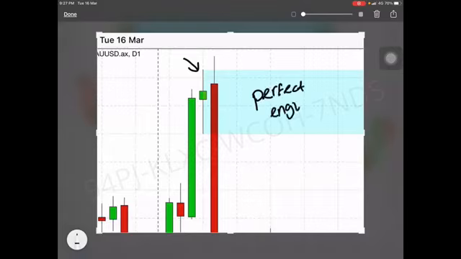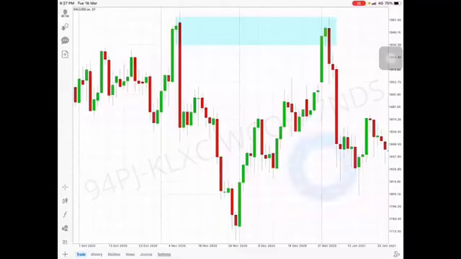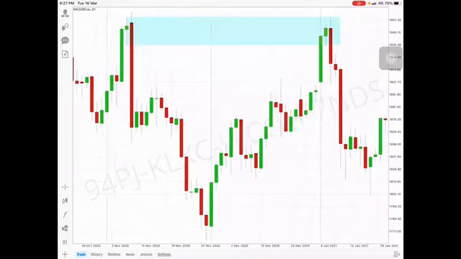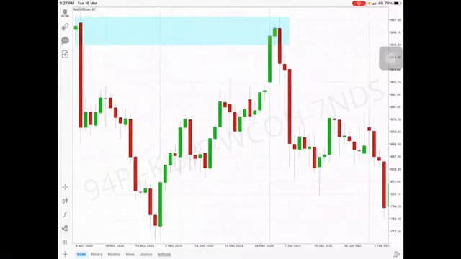Right here, we have an engulfing sell. The candlestick that is being consumed is this one. So this is a perfect engulfing. When the price reaches there, we are going to look for sell.